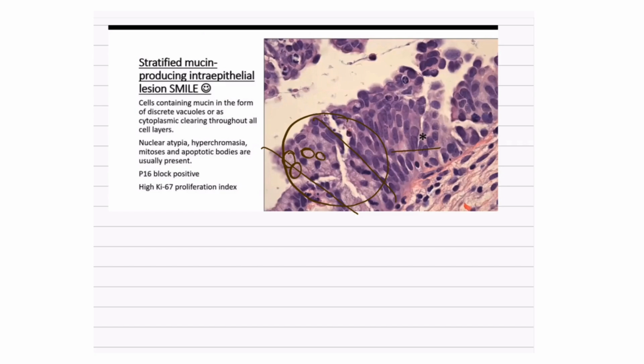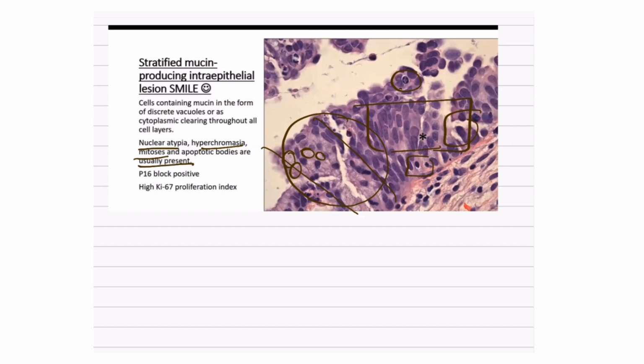There is nuclear atypia, there is hyperchromasia for sure, and mitosis is also there. Let's find out where is mitosis. There it is. Mitosis is there, and apoptotic bodies are also there. Where are apoptotic bodies? Here. Yes. These are apoptotic bodies.